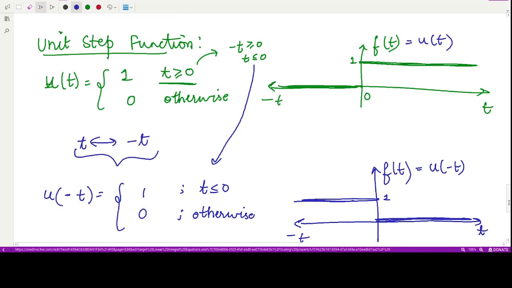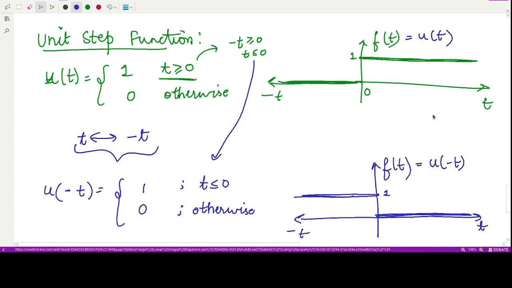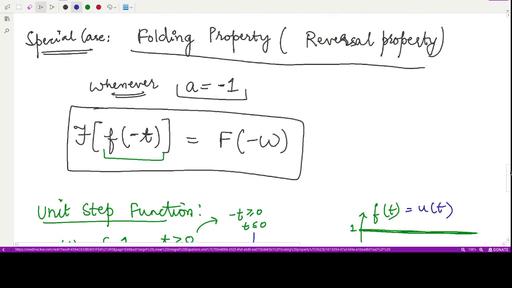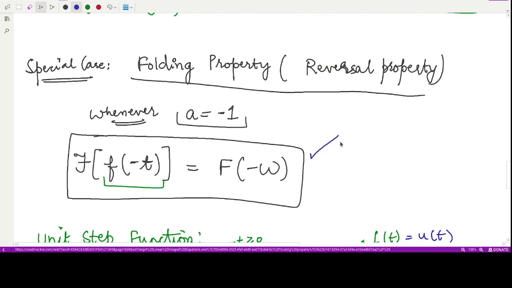Whenever some function exhibits this reversal or folding property, we can make use of this property, which relates the Fourier transform of the original function with that of the reversed function, right?